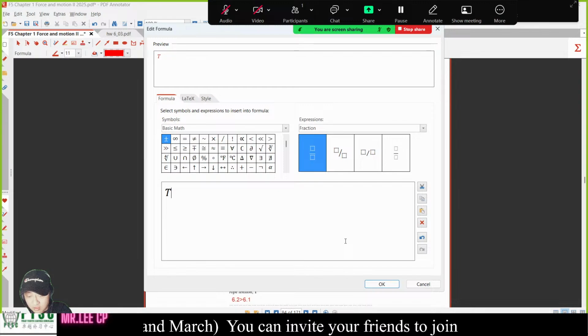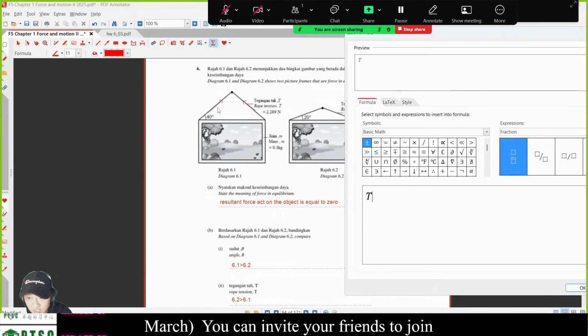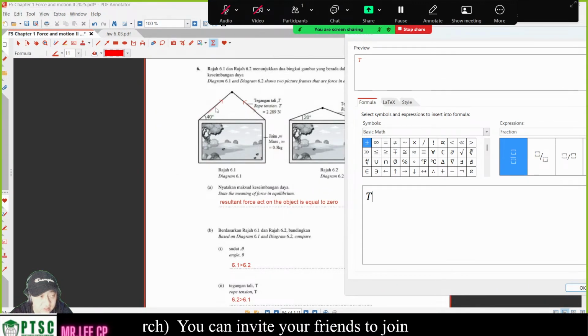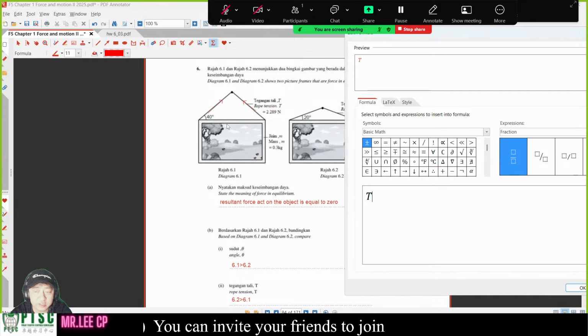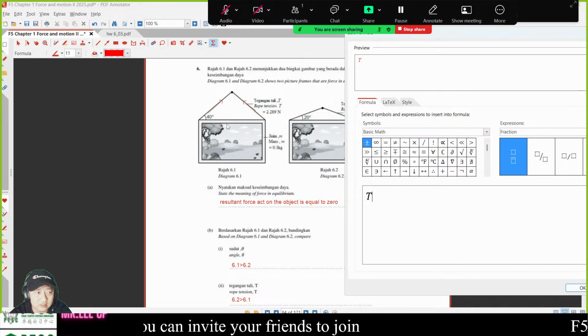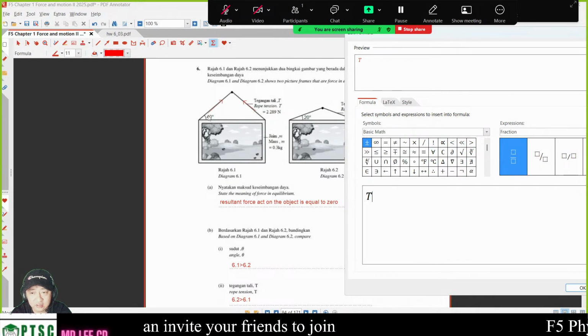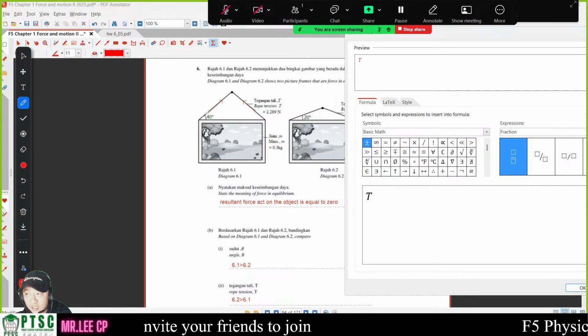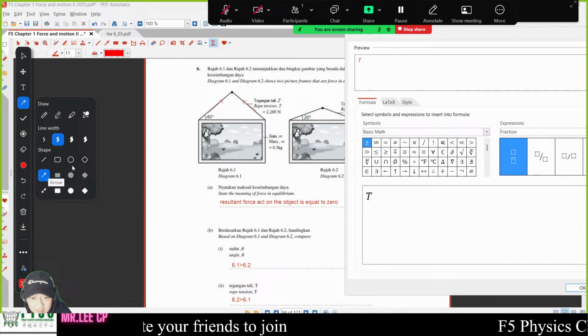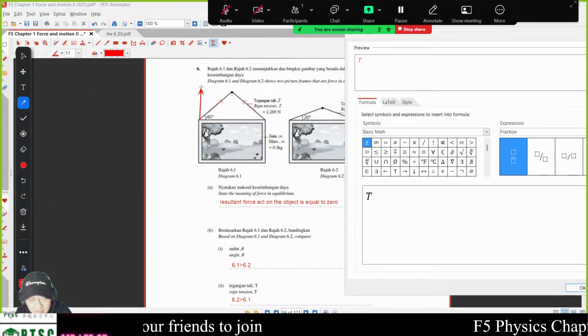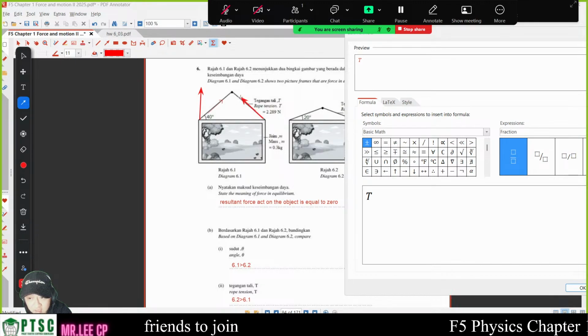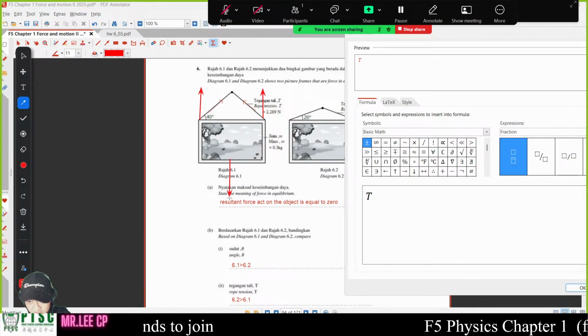You don't need to bring left and right already because left and right will cancel each other. So you bring up only. T, I bring up to here, is equal to the W.